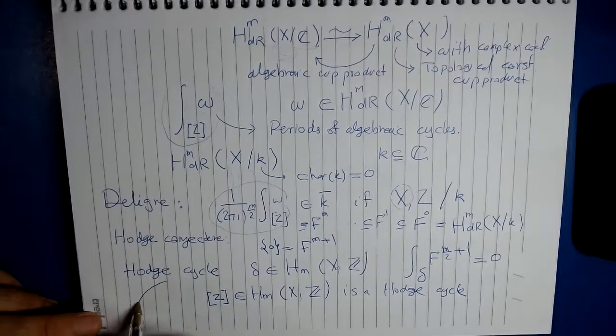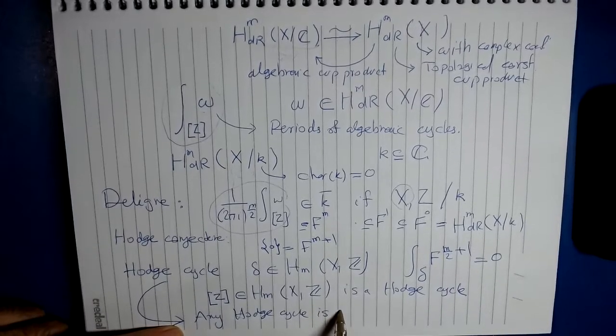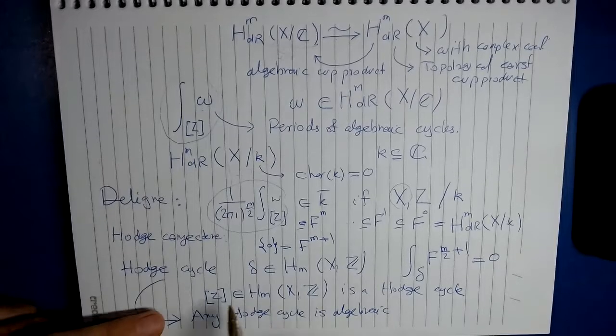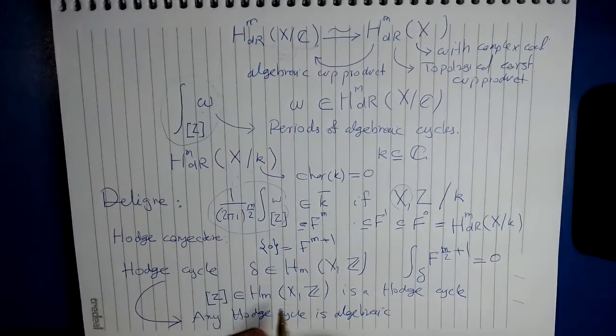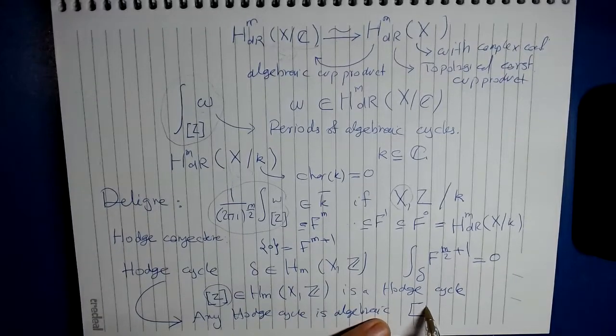And then we will reach this millennium conjecture that any Hodge cycle is algebraic. So for this one, I have to say that instead of just one variety, we have to take a combination of these varieties.